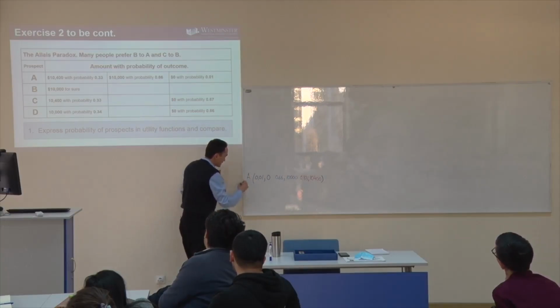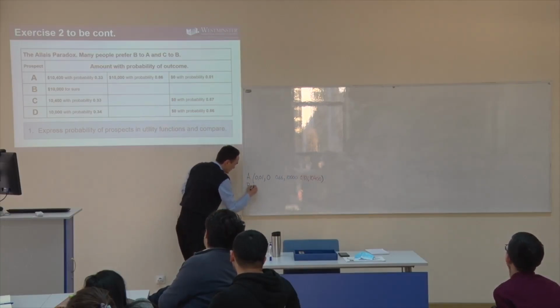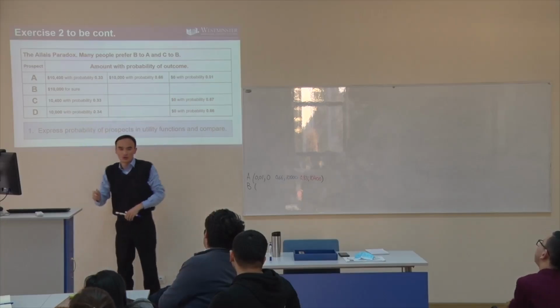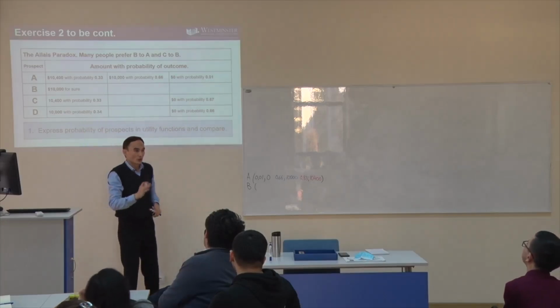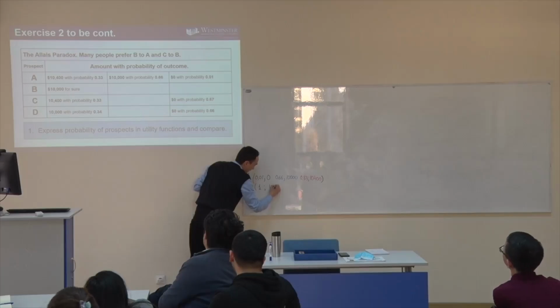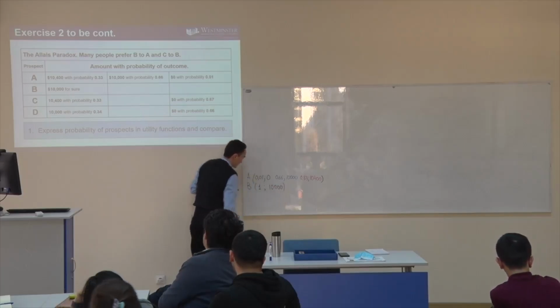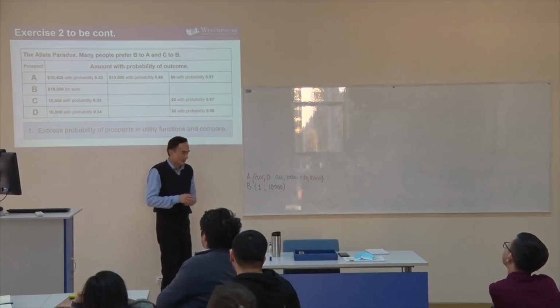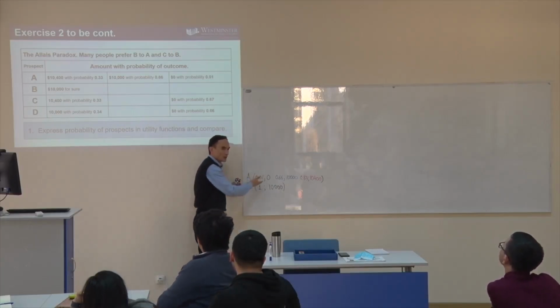So now we have another prospect, which is prospect B. All right, prospect B. Now, $10,000 for sure, which means that 100% probability. There is 100% probability your payoff is going to be $10,000. Okay? So look, a group of people were asked. So now there are 2 options.